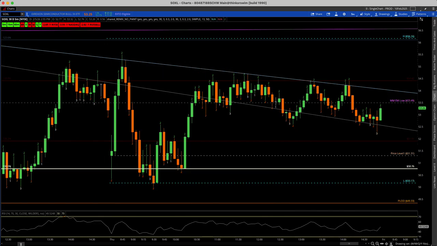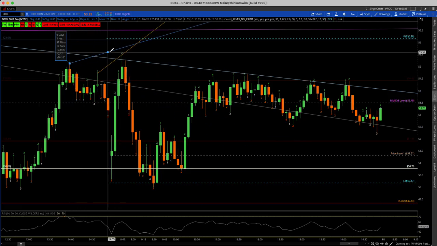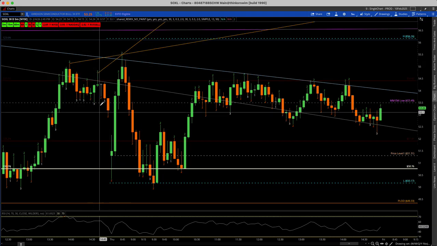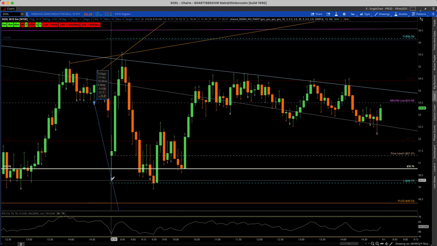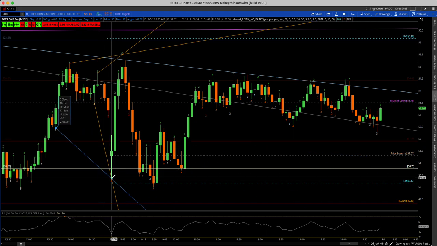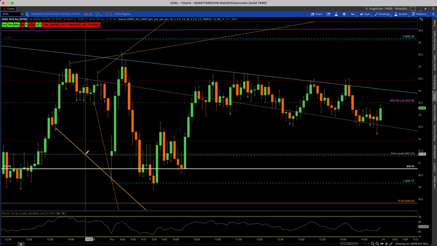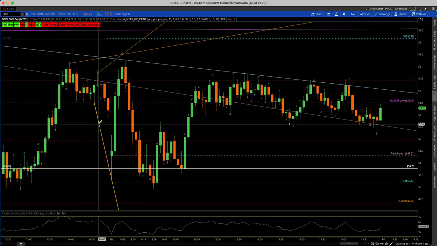Let's get the right tools out here. All right. So high to higher high, or if you want to use this high, either way, high to higher high, low to lower low, right? Even if you use this low to that lower low, right? There we go. We've just got a broadening formation here, right? So not a lot to pull from that.